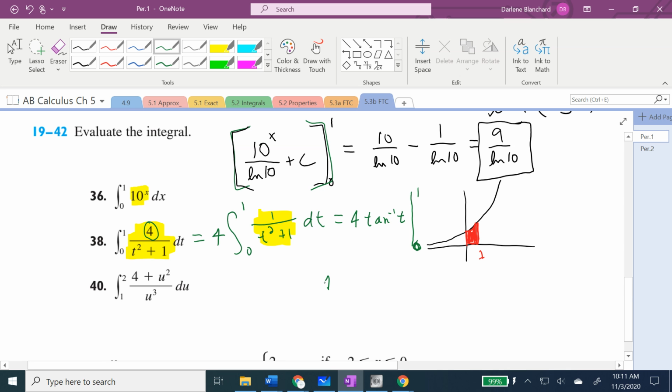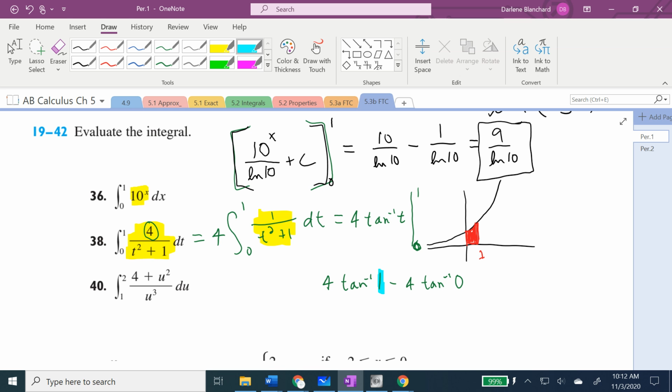And then I plug in 1 minus I plug in 0. But now you've got to remember, what are these values? With inverse tangent, this is actually asking, what is the angle when the answer to tangent is 1?